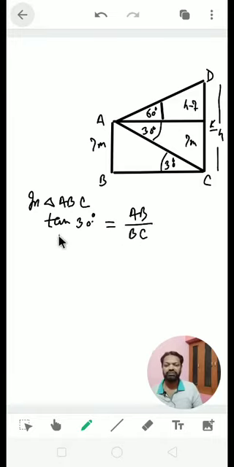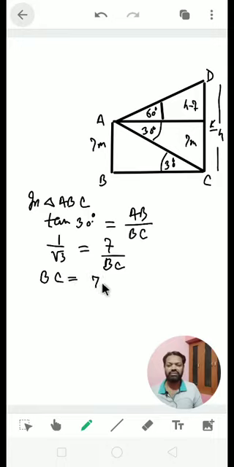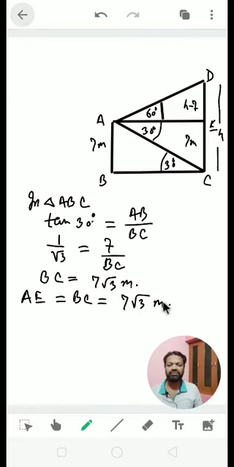So here the value of tan 30 is 1 by root 3 and the value of AB is already given, that is 7 meters, by BC. So we have to find BC. The value of BC comes out to be 7 root 3 meters. Now from the figure we can say that AE and BC are equal. So the value of AE should be 7 root 3 meters.